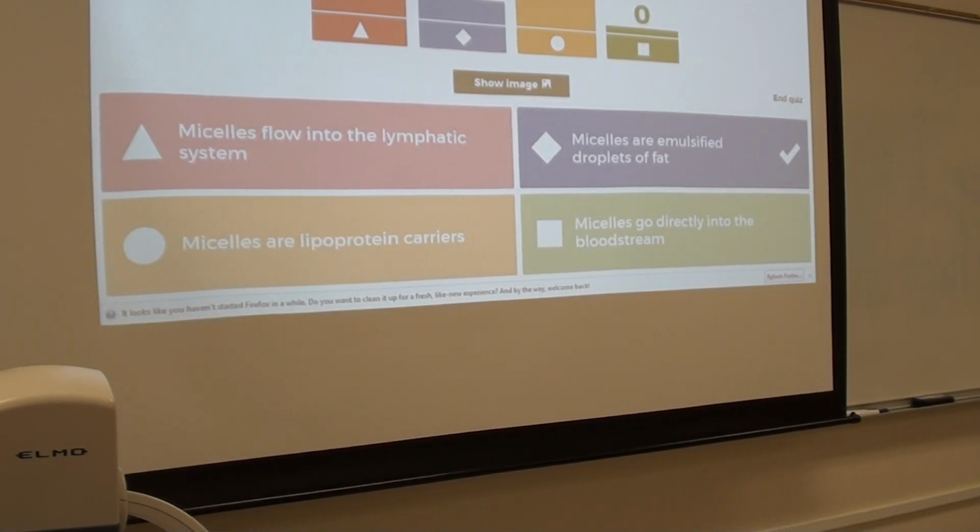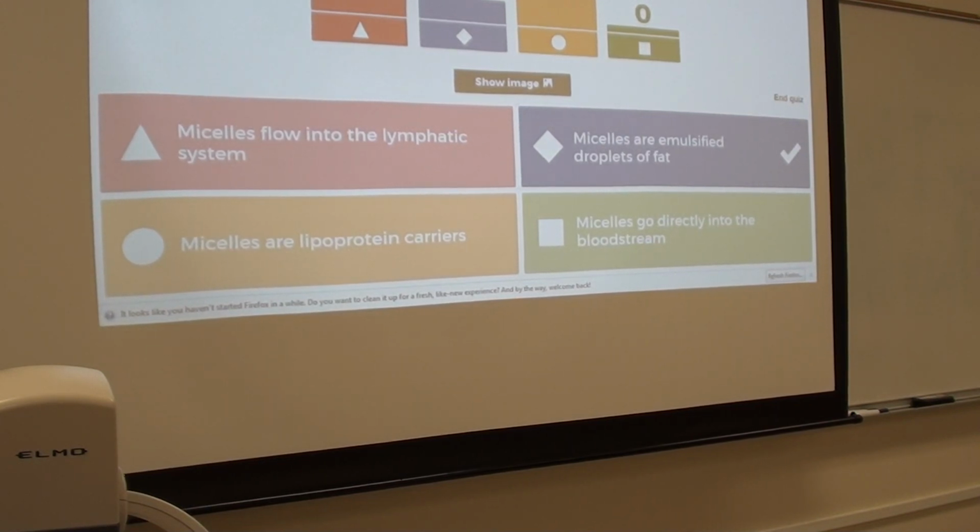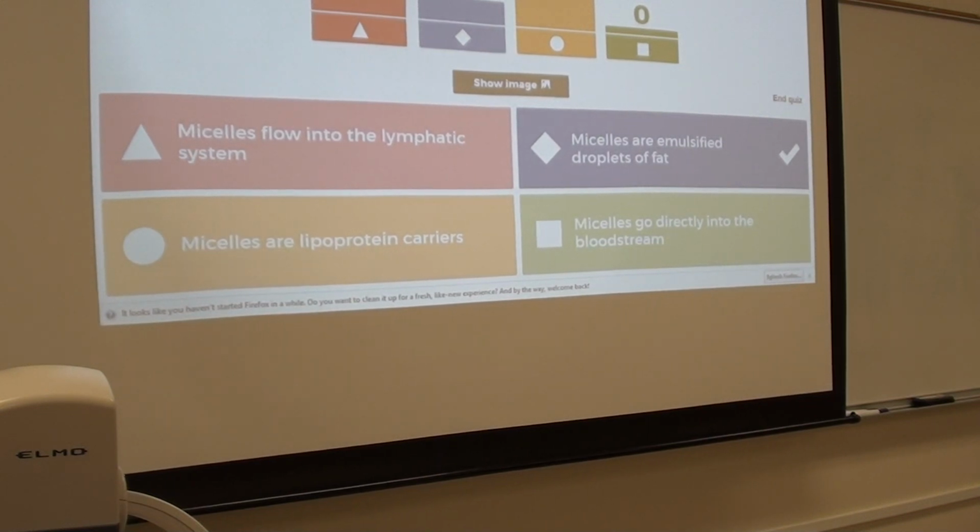LDL then distributes it again to the cells, and then HDL picks up all the cholesterol that's not used and takes it back to the liver, and that's why HDL is so good, because it's removing cholesterol out of the bloodstream and taking it to the liver. It's very complicated, but that's the basic thing. Alright, so clear on that? The fat's kind of hard, isn't it?